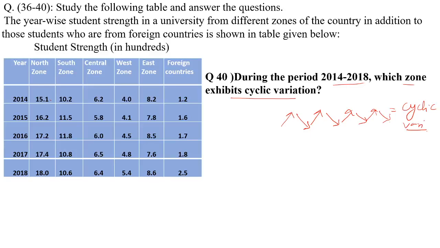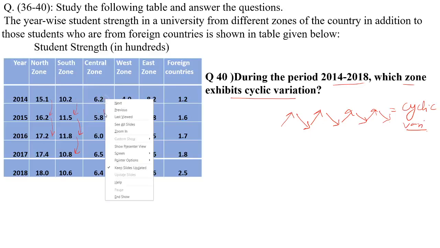So you can see here it's going up, then here it's again going up, so no. Then we come to the south, up, here it goes down, so it's also not correct, right?